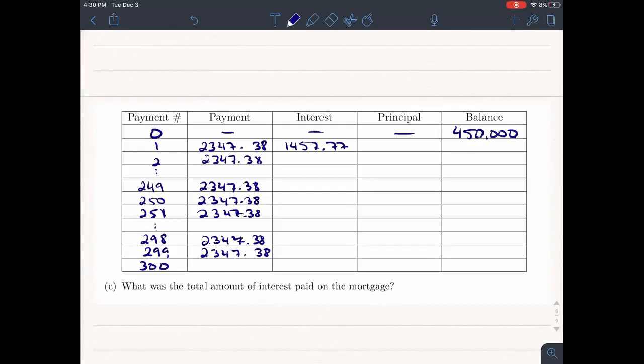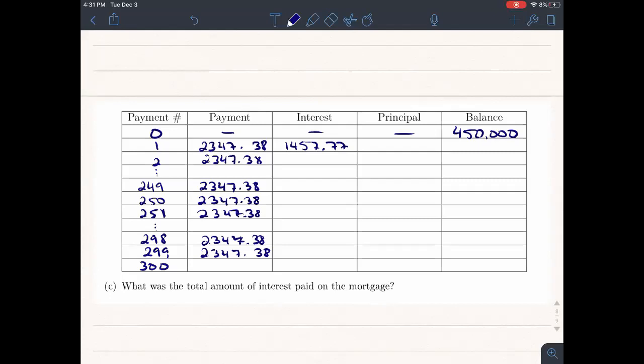which means the principal is the payment minus the amount of interest that we've paid. And so we get 2347.38, which I'm going to store in 0 because I'm going to use it quite a bit. Look at me go, storing in 0. I'm wild.